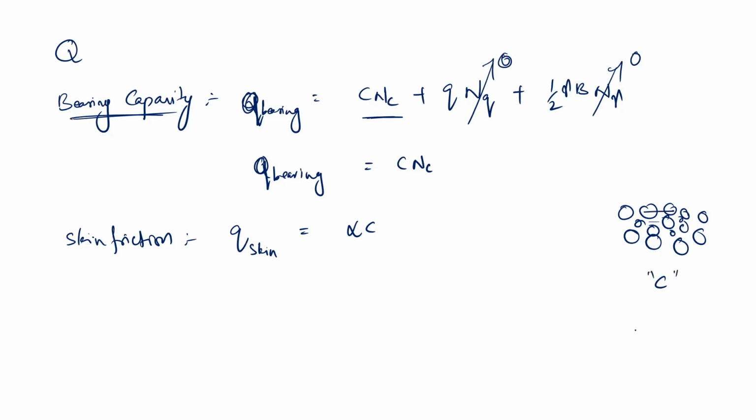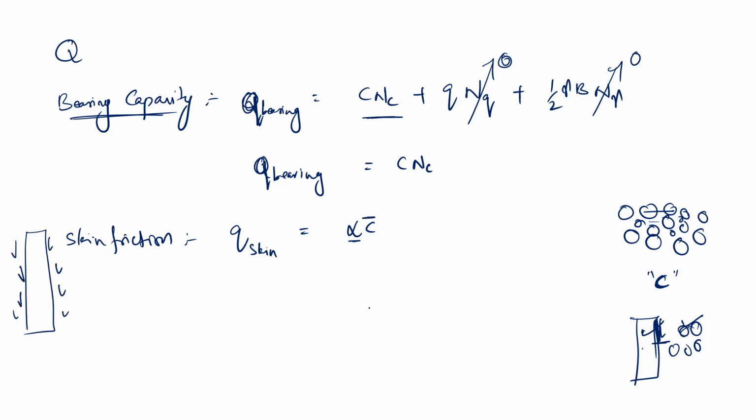But here it is between two different materials. This is clay, whereas this is pile, concrete. Because of that, this will be reduced by some adhesion factor, that is alpha. So this is how you will take it. As the skin friction is along the length, you have to take the average cohesion value along the pile.